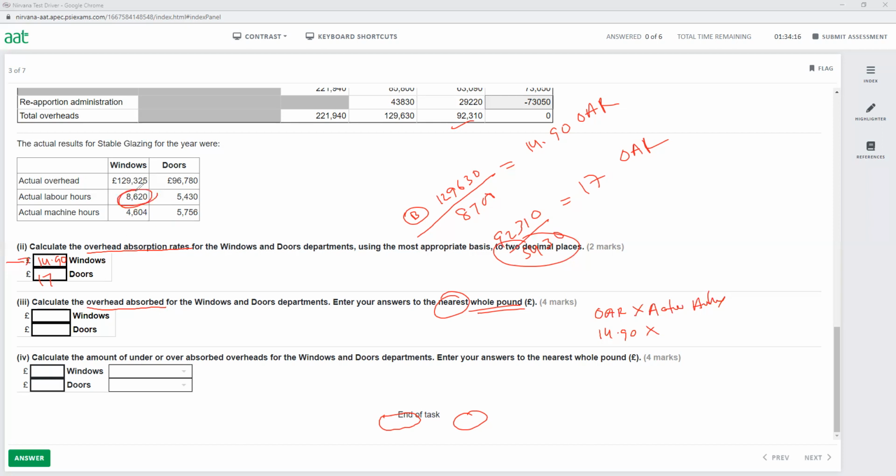So actual labor hour is 8620, and that will tell me how much is the overhead absorbed for the window. 14.90 times 8620, and that gives me 128,438.